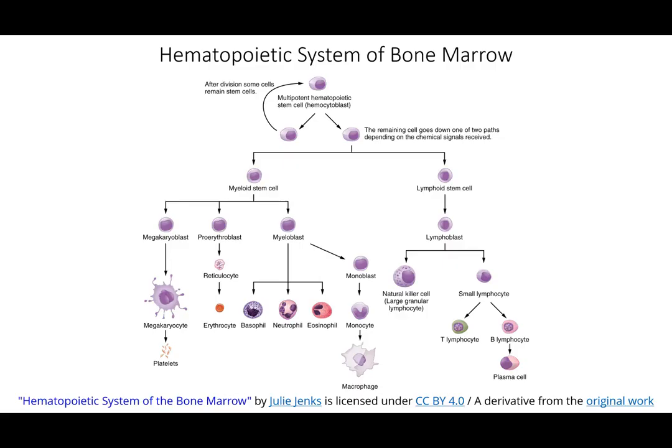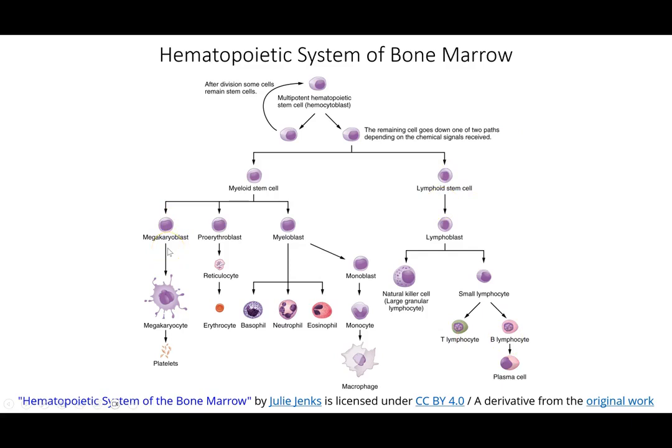So again, just looking at that hematopoiesis again, we are going to start with that hematopoietic stem cell and start progressing into a couple different pathways. Again, most of our blood cells are in that myeloid pathway, except for our natural killer cells and our lymphocytes, which are part of that lymphoid pathway.